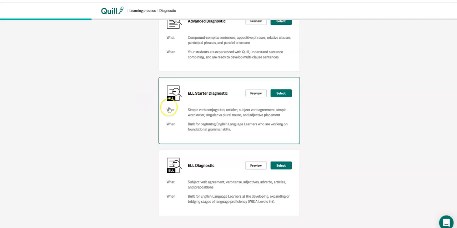Is this a student that doesn't know the difference between a and an, or is this a student who's just having some more advanced problems? That's one of the reasons why I always start out with the starter one, because it's going to give you an idea of where the student needs to work.